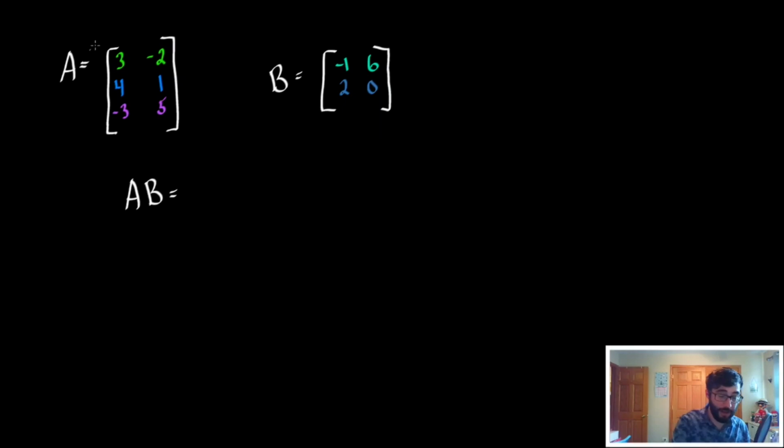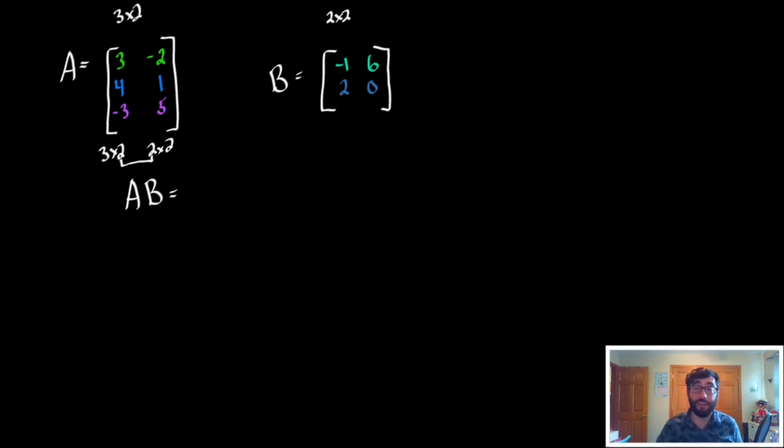If I look at A, this is a 3 by 2, and B is a 2 by 2. A way to figure out very quickly if you can multiply two matrices together is to see if the inner dimensions match. If I do 3 by 2 and 2 by 2, these are the dimensions of A and B. Notice these inner ones match.